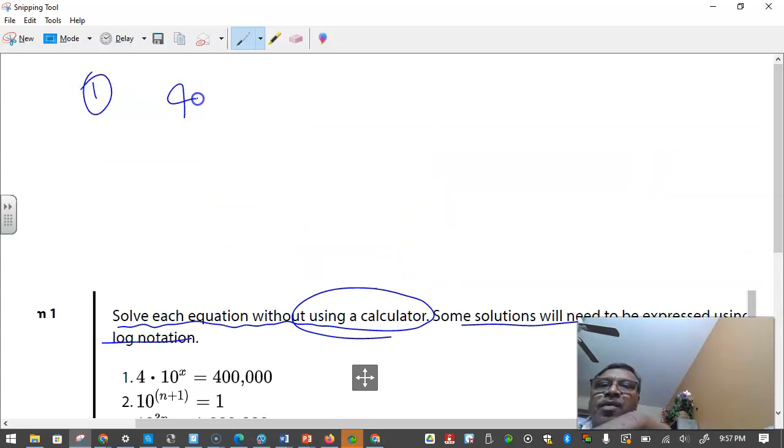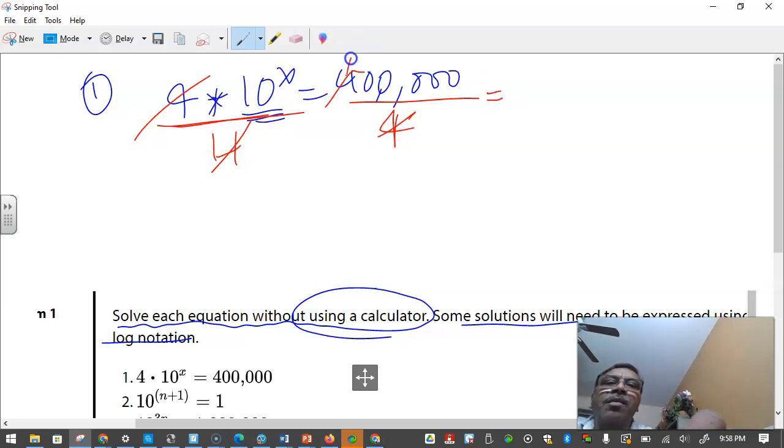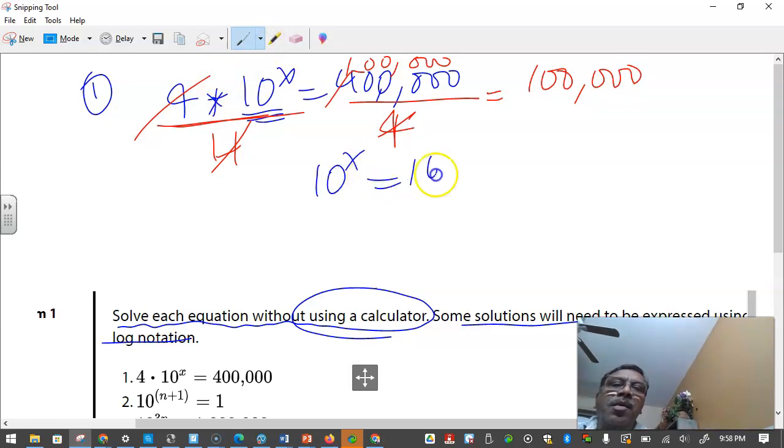The first one is 4 times 10 raised to x equals 400,000. It's best if there is an exponential to keep it and divide by the number. So divide both sides by 4. This 4 goes away, and when you divide, the 4 cancels one time, so the zeros remain. So let me write this again: 10 raised to x equals 100,000.